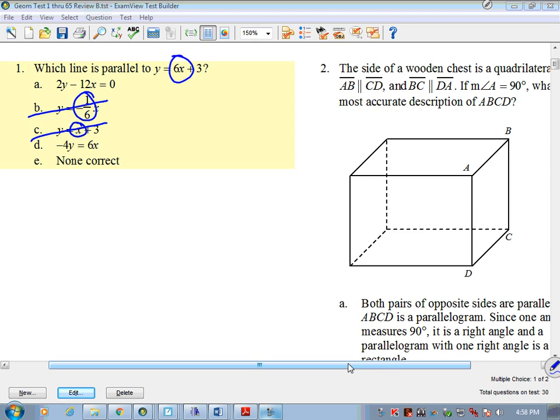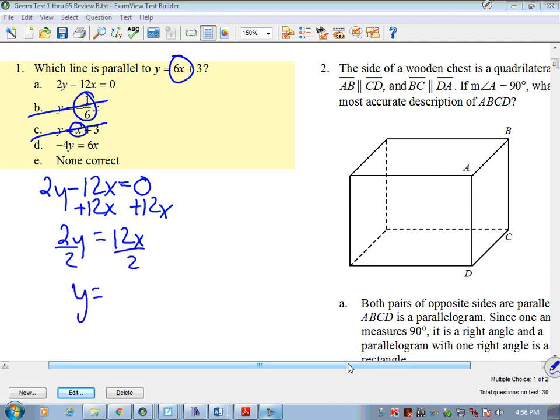I do need to show work here. So on A, I need to switch this over. It is not in slope-intercept form. So from 2y minus 12x equals 0, I need to add 12x to the other side. So I'm going to get 2y equals 12x plus 0. Divide by 2. So I get y equals 6x plus 0.